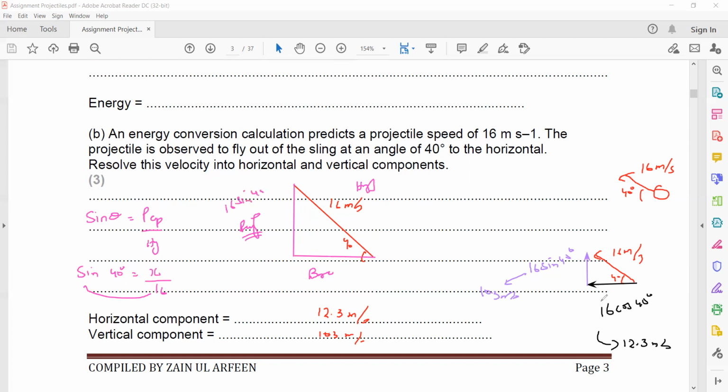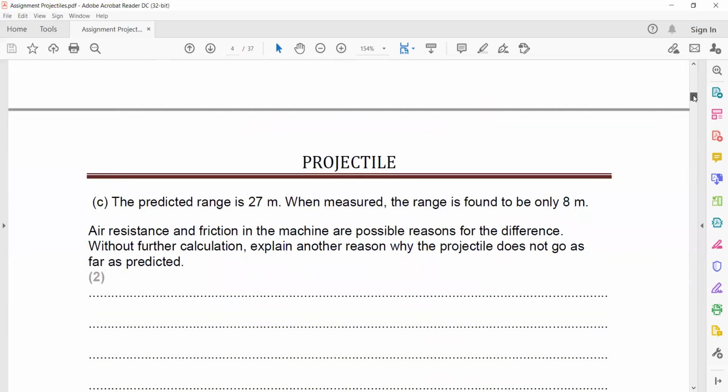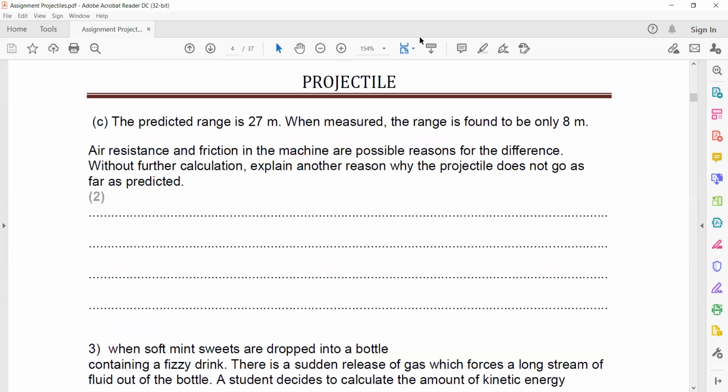That's why I wrote directly 16 sine 40. And cosine theta is base divided by hypotenuse. Theta is 40, the base is unknown, and the hypotenuse is 16, so it will be multiplied. That's why it is 16 cos 40. Is it clear? When the angle with the horizontal is given, the horizontal component is always with cosine and the vertical component is with sine.